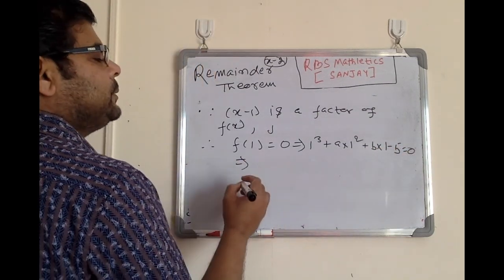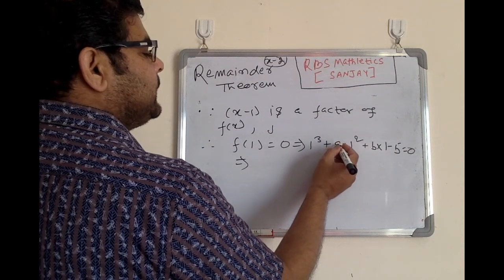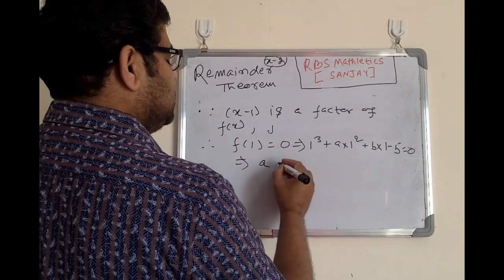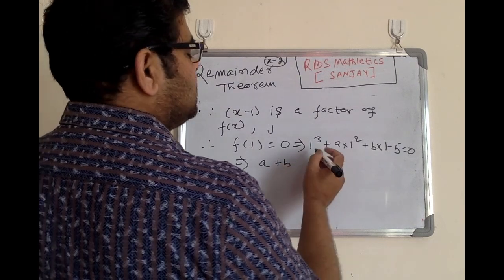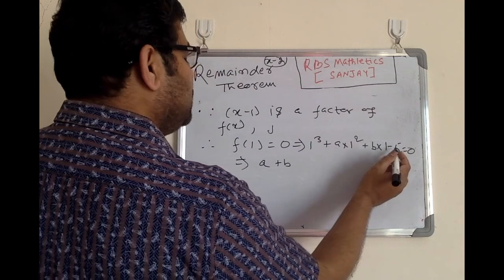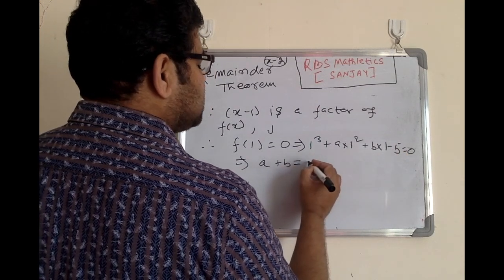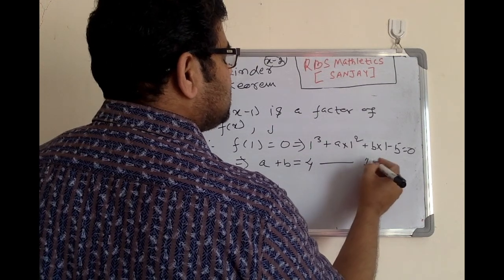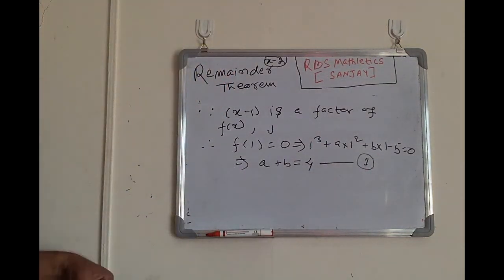Now solve it a bit. It is going to be a plus b, and 1 minus 5 is minus 4, and if you transpose that to the other side, it is going to be 4.